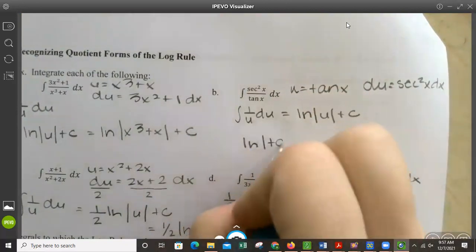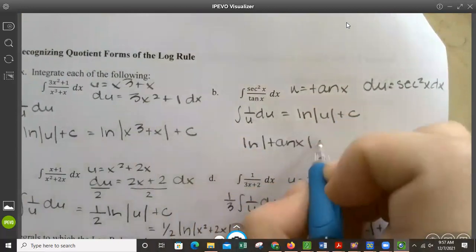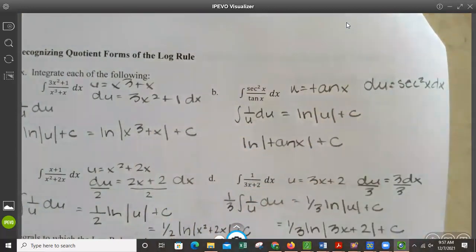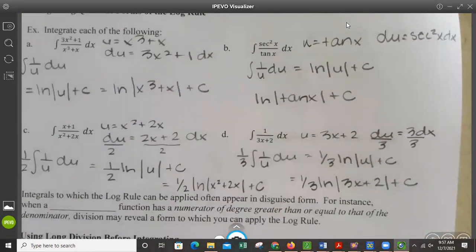Our u was tan x, so ln absolute value of tan x plus c. I would not use the top. Is everybody good?